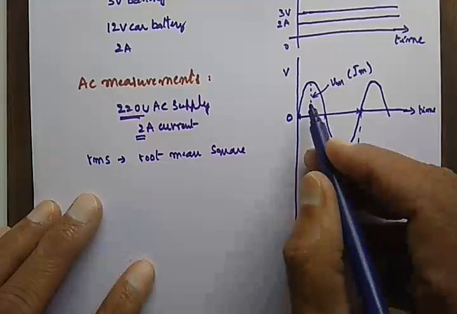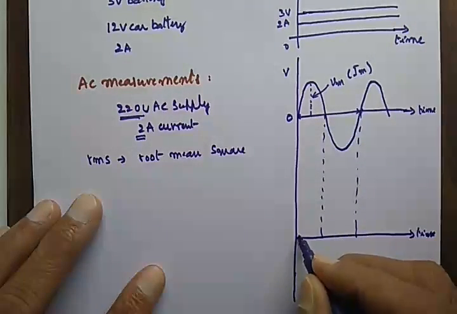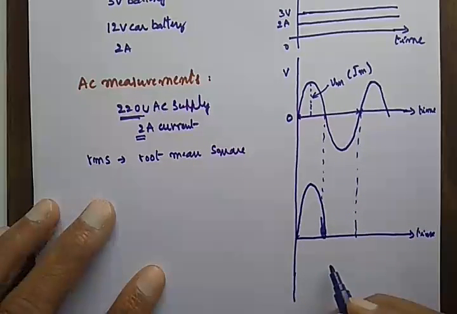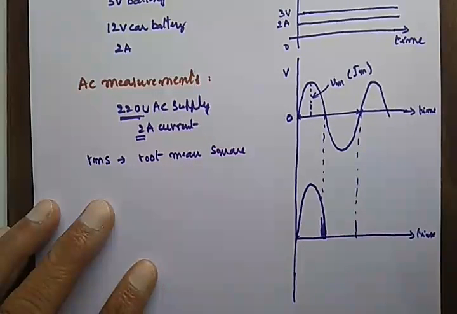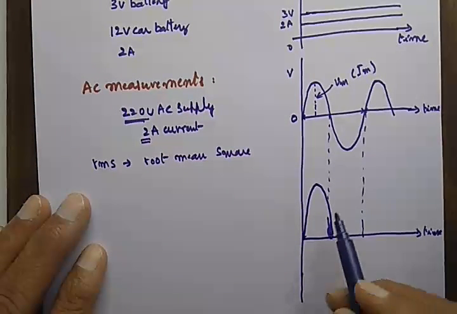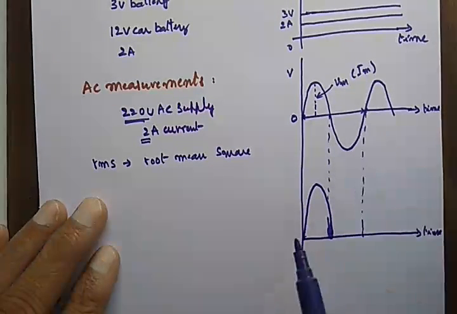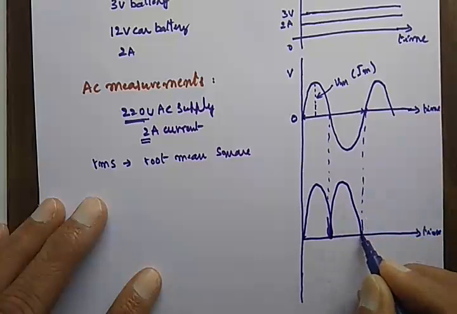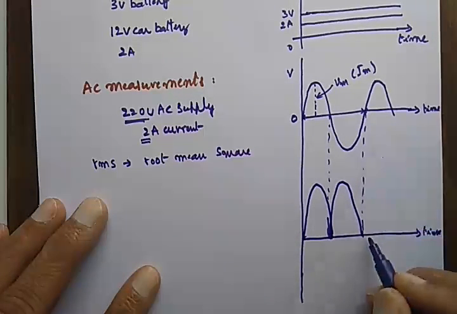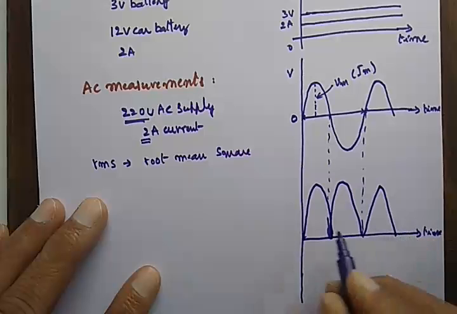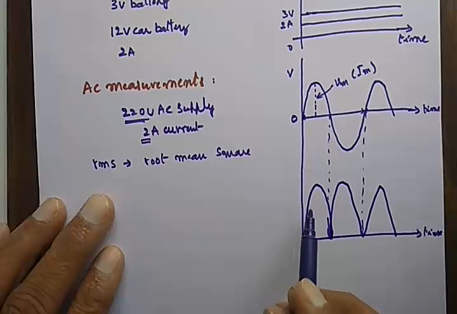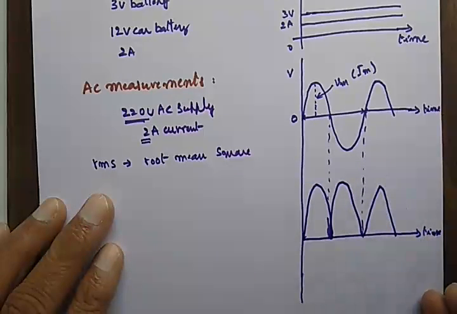If I square this, it will become double, but it will be positive only. The negative values, if we square them, will become positive values. Similarly, this also will become like this. Mathematically or electronically, you can square it.